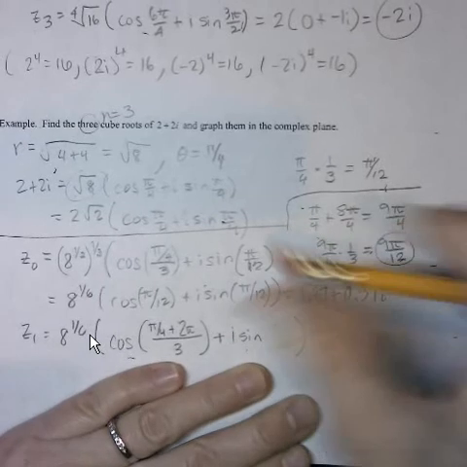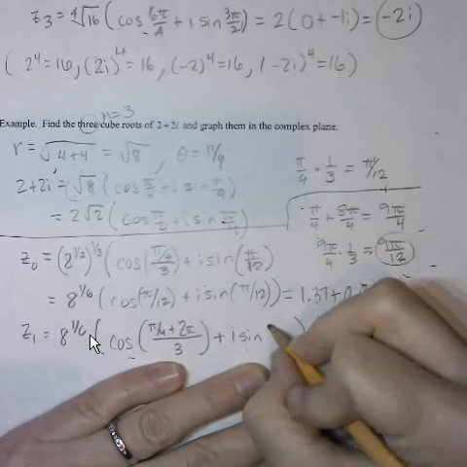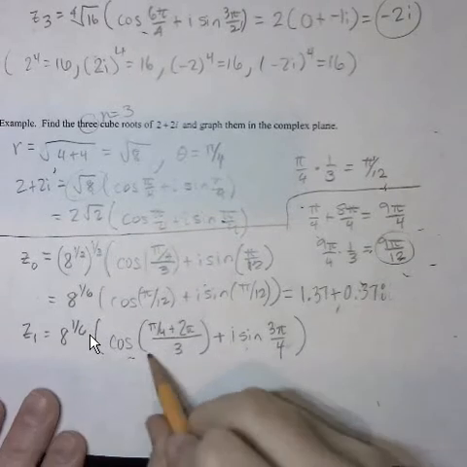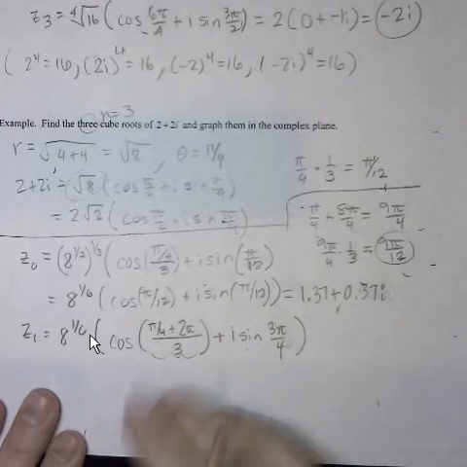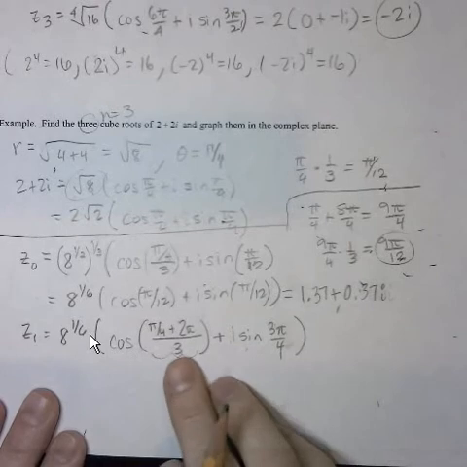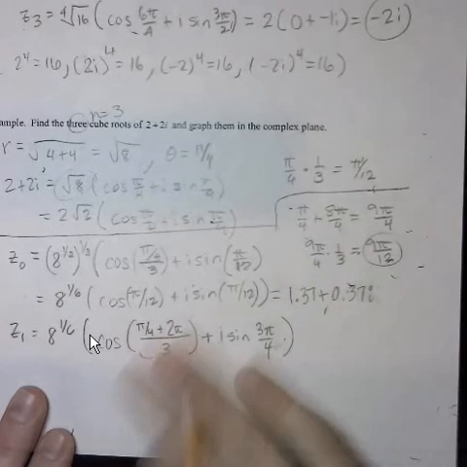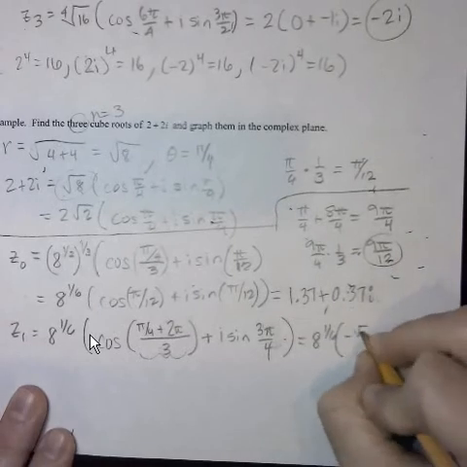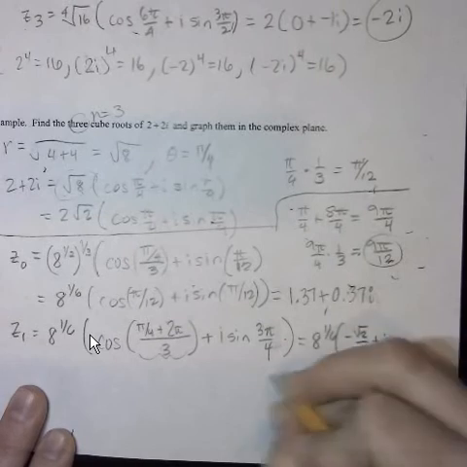That's nice, because that's a number I can calculate for sine and cosine in my head, right? So of course this is 3 pi over 4 as well. Cosine of 3 pi over 4 is negative square root of 2 over 2. And then sine is square root of 2 over 2.